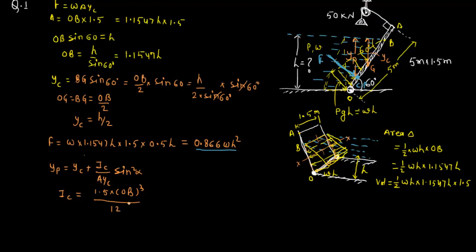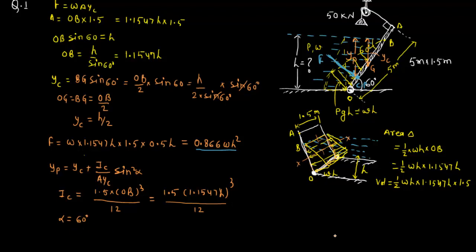Now we also know the value of OB in terms of H. So we can write this as 1.5 into 1.1547 h cube divided by 12. This is our IC. What is alpha here? Alpha is 60 degrees, that is given.